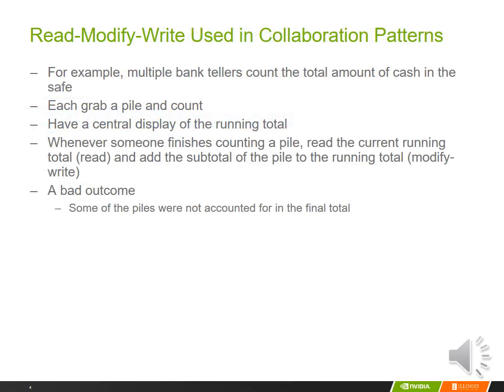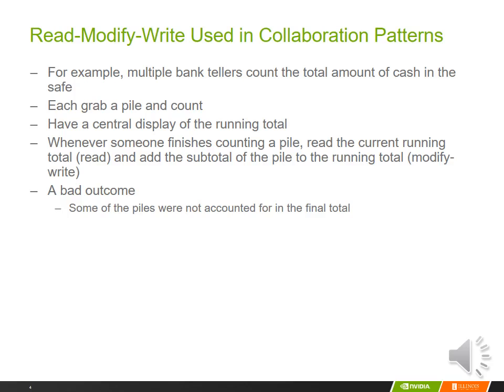Read, modify, write operations are used in many real-life collaboration patterns. For example, we can have multiple bank tellers counting the total amount of cash in the safe. Each one of them will grab a pile of cash and count. And we can maintain a central display of the running total.